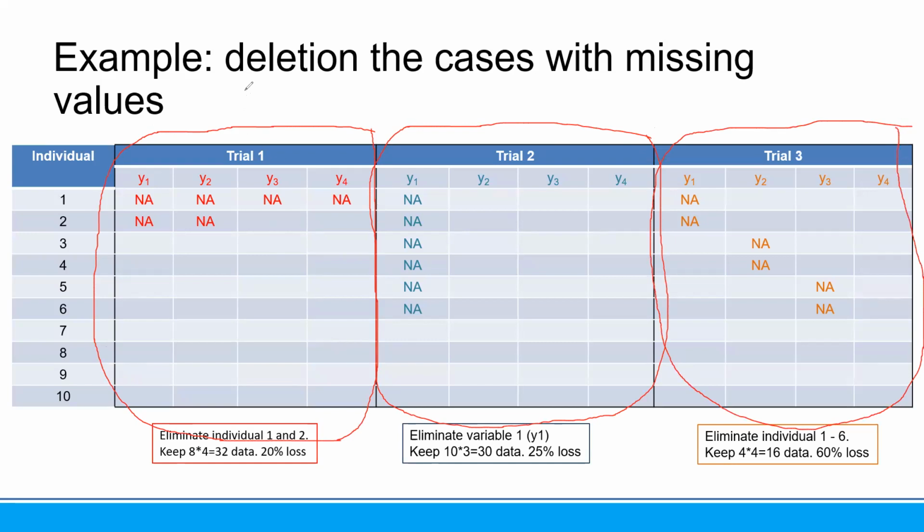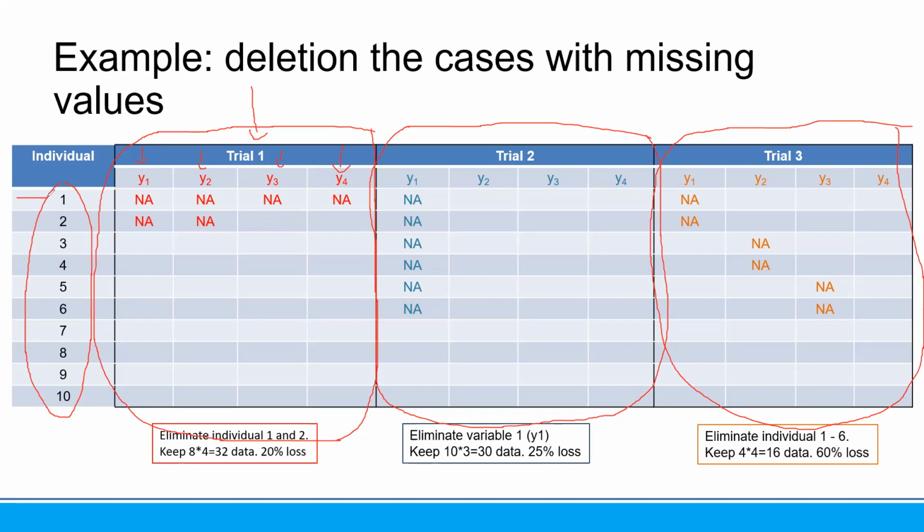Trial one means I did some experiment on 10 people. The individual means the person is doing experiments on 4 attributes: y1, y2, y3, and y4. For every experiment, I write down the result.